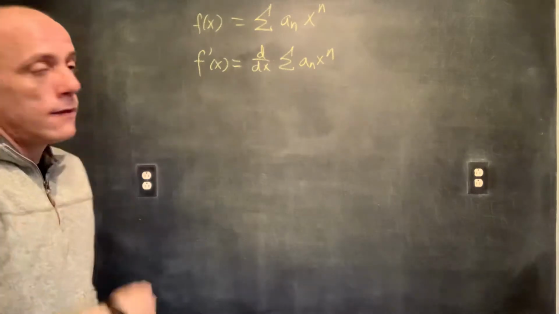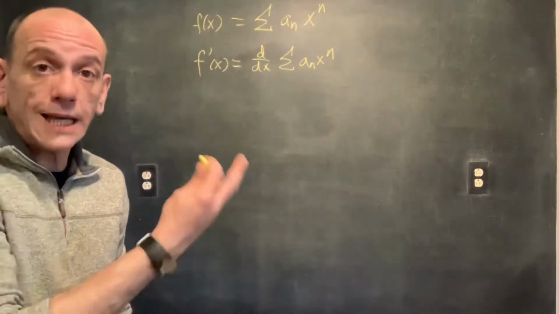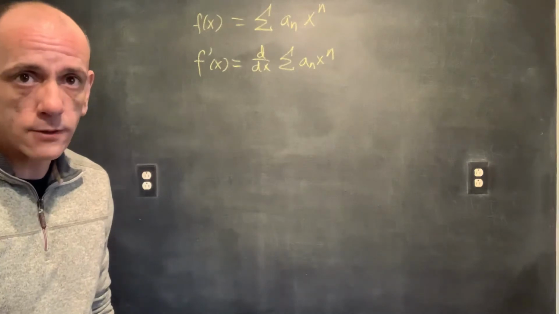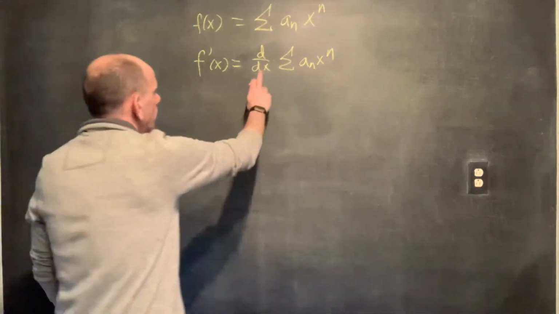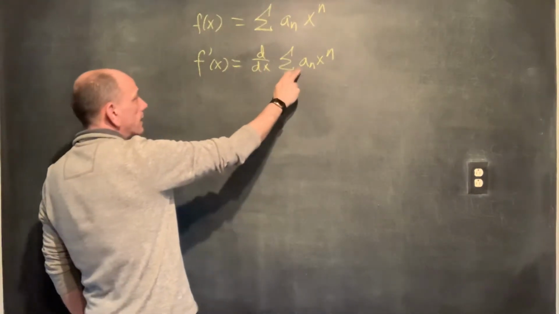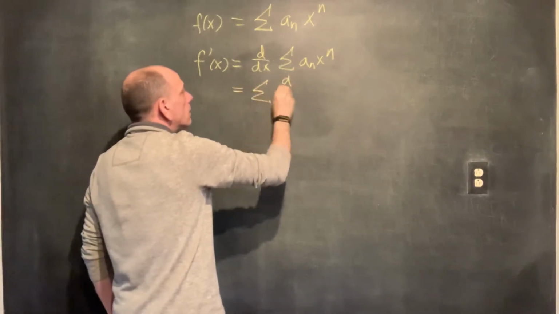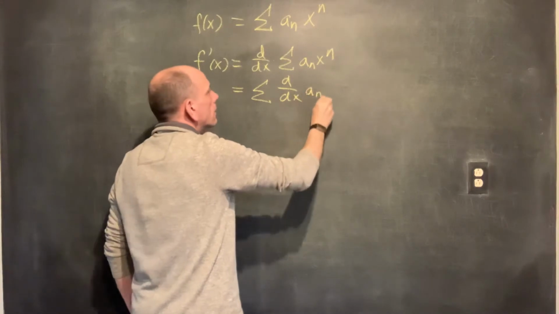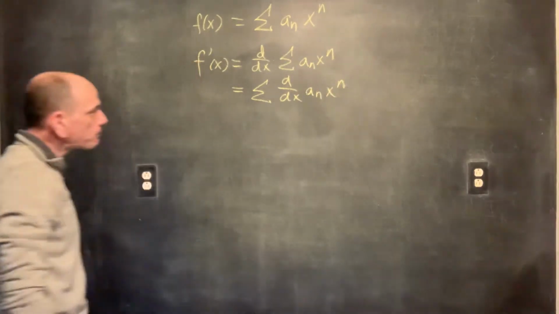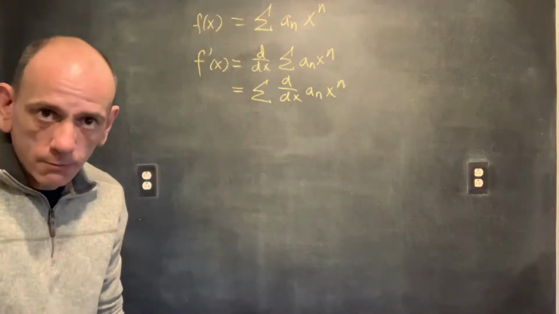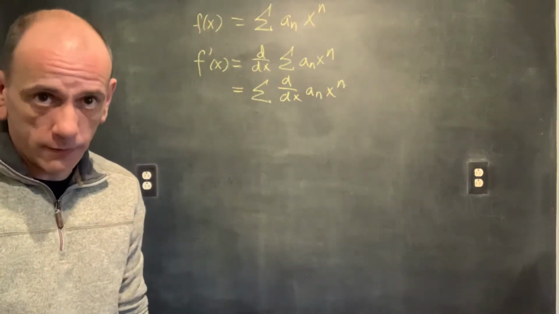But the derivative of a sum is the sum of the derivatives, right? Derivatives are well behaved with respect to sums and differences. So I can pass that derivative inside. Okay? The derivative of a sum is the sum of the derivatives.